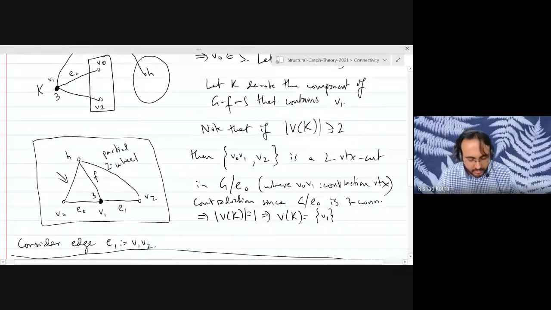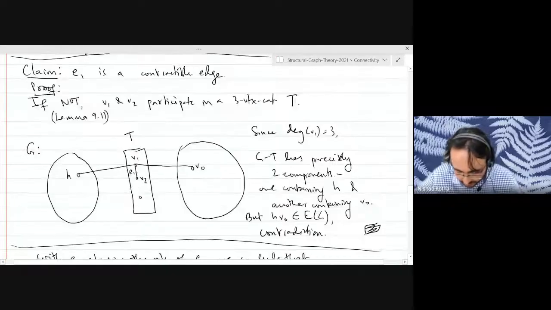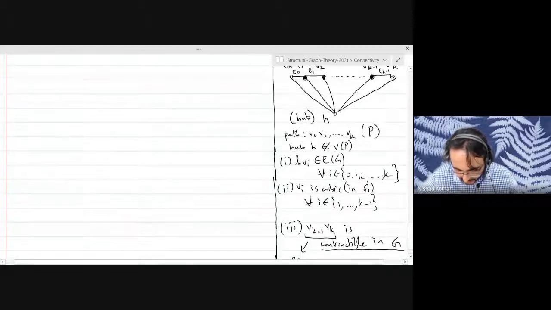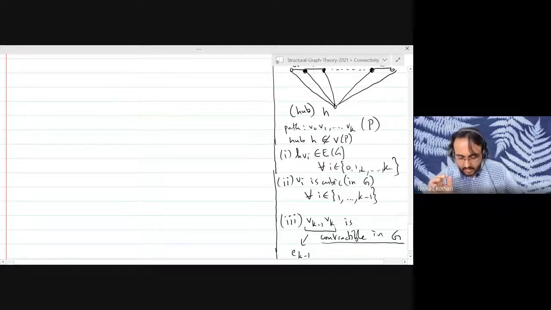So now, do you all agree that this is a partial two wheel? So can you show partial K wheel again? Yeah, sure. Sorry that things are a bit far away from each other. So you have this path, you have the hub, which is adjacent to everybody in the path. All the internal vertices of the path have to be cubic. And the last edge of the path has to be a contractible edge in the original graph G. That is all the properties we are going to require.